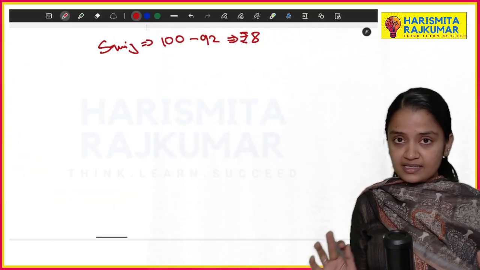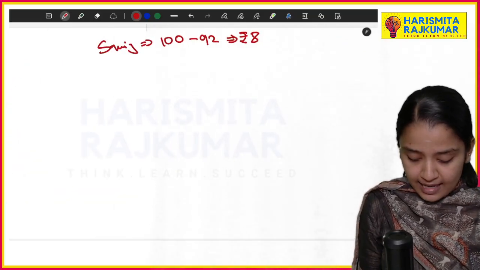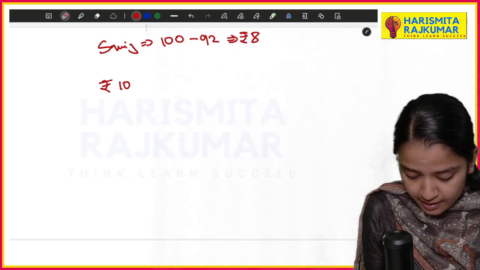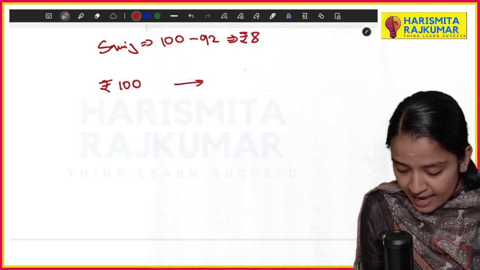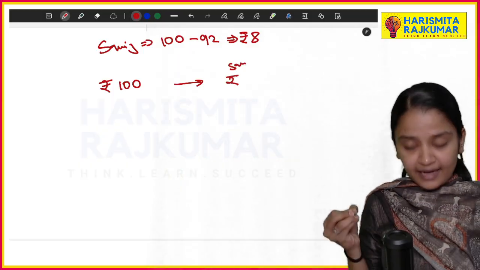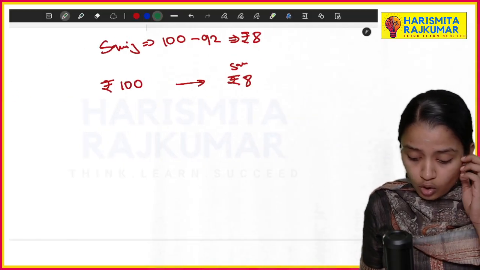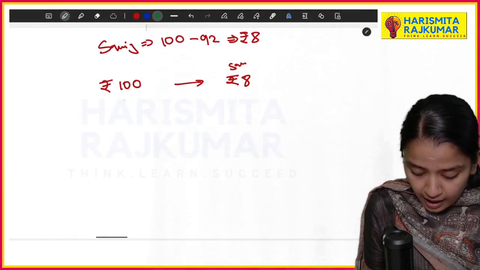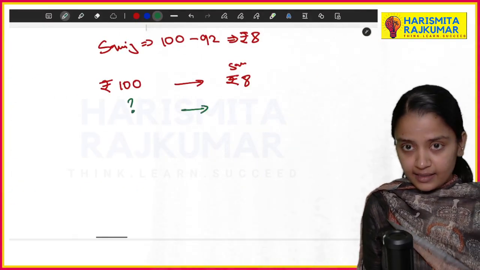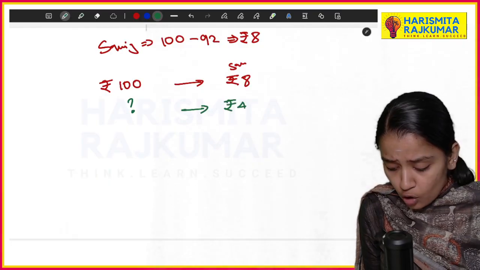We have kept the salary as rupees 100, and our saving is rupees 8. But we don't know the original salary, right? So for what salary is our saving rupees 400?